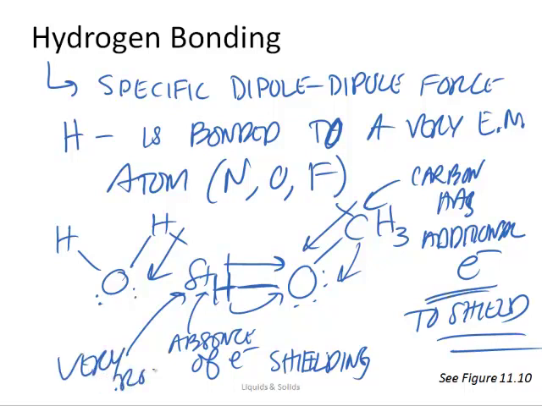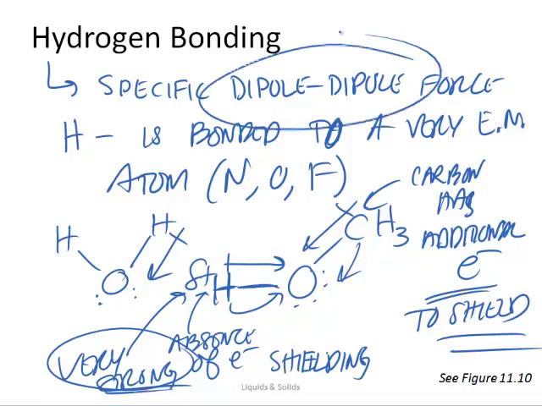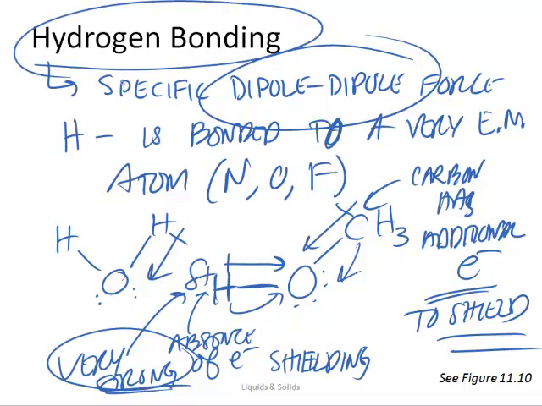There's very little electron density to shield its nuclear charge, so it's almost like saying it's really, really close to a full positive 1 charge associated with that hydrogen atom. And so when the partial positive charge is really strong, that is going to increase the strength of the dipole-dipole interaction. It's so much stronger than a normal dipole-dipole interaction, we refer to it as something entirely different, hydrogen bonding.